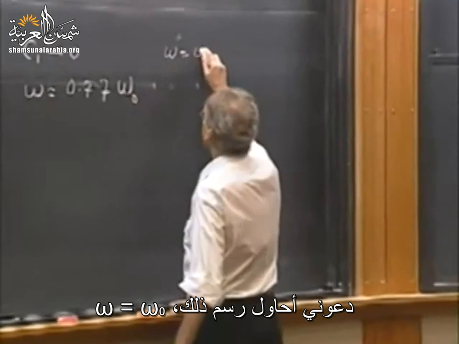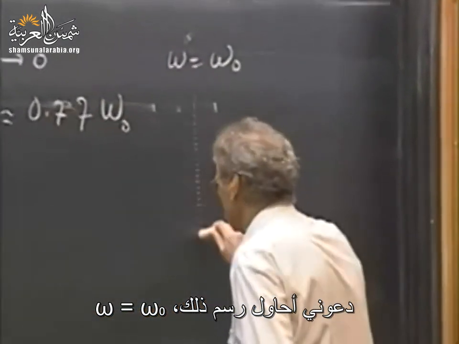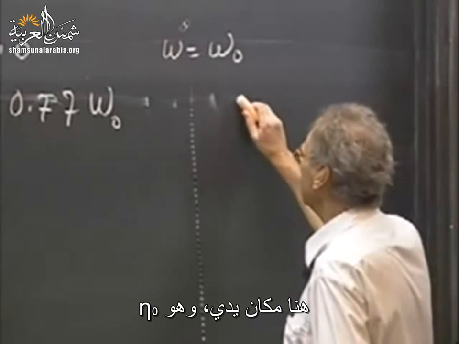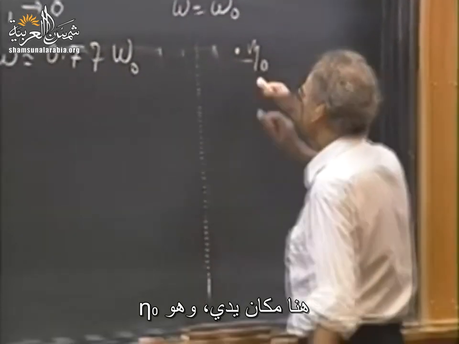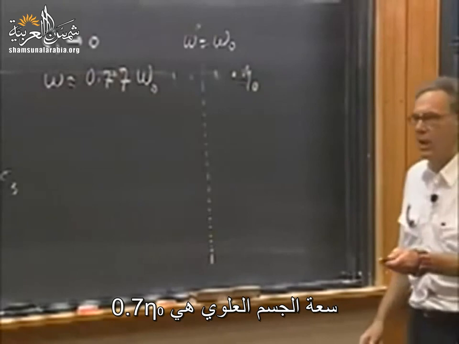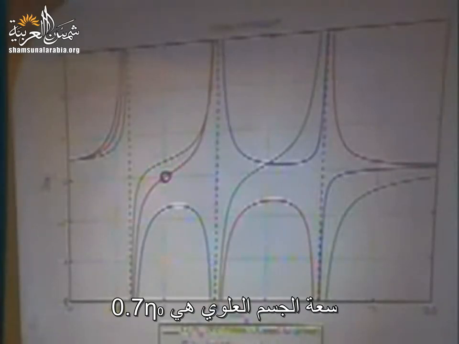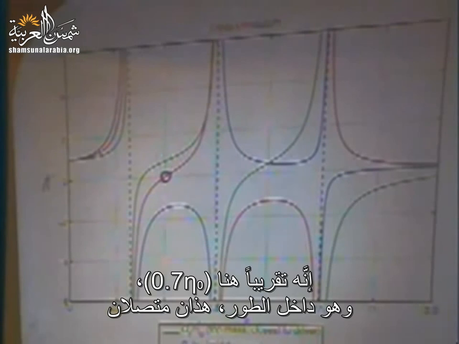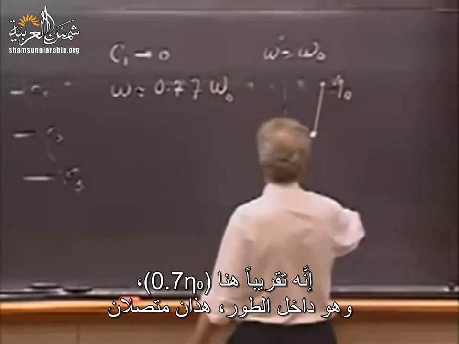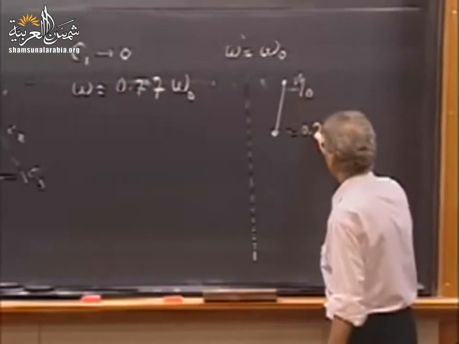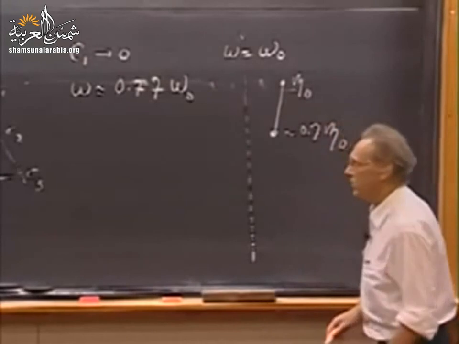And let me try to make a drawing of that. So this now is at omega equals omega 0. So my hand is here, which is eta 0. The top one has an amplitude which is about 0.7 eta 0, this one. So it is roughly here, in phase, so this is connected. So this is roughly 0.7 eta 0. The next one stands still, believe it or not.